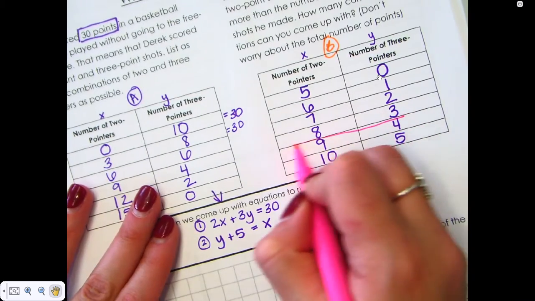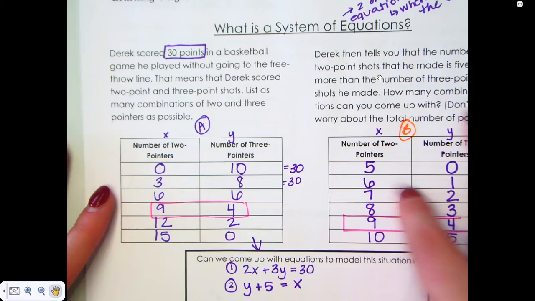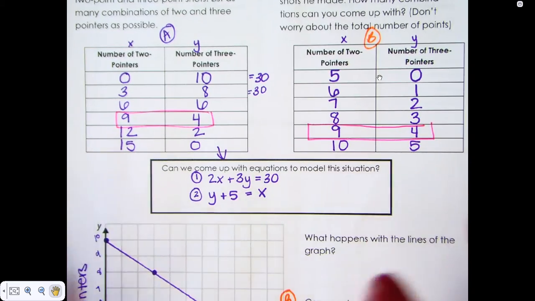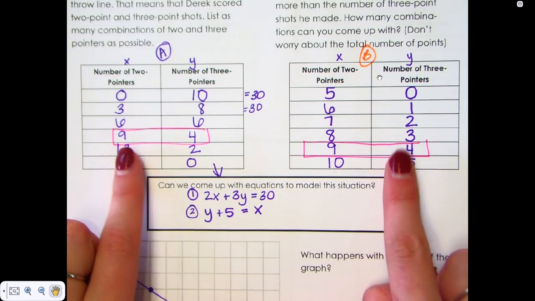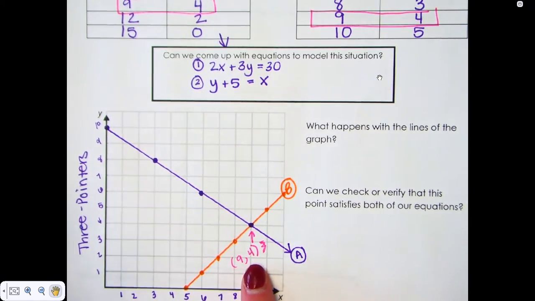So this is the point that makes both of these situations true, which is the point we care about in the systems of equations, okay? So if you look, they cross at that exact same point that we found that they were the same in the table, okay? So that point is at 9 2-pointers and 4 3-pointers.